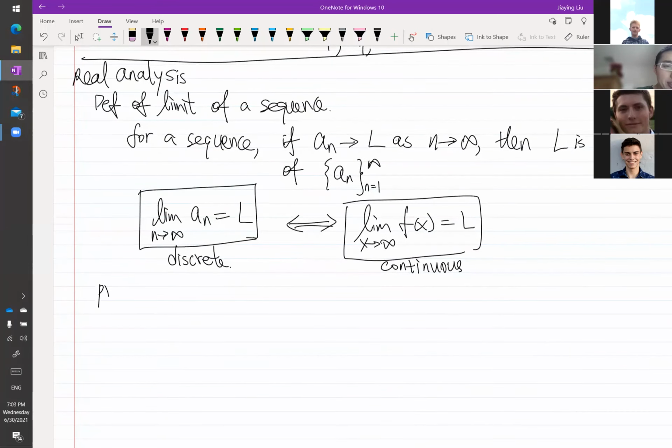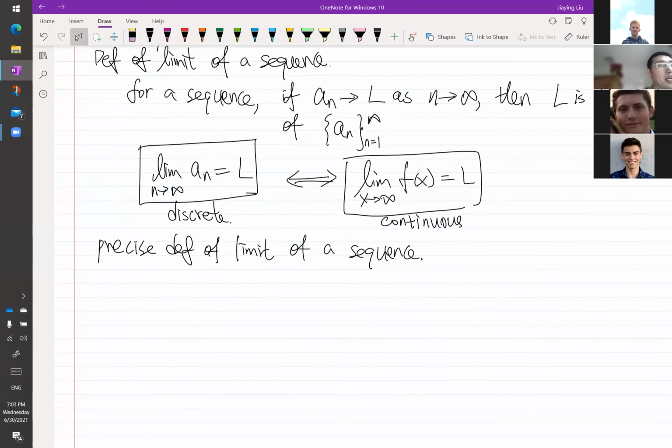All right, a precise definition of the limit of a sequence. Here's where it gets confusing if you're not familiar with the language. So I'm going to use a few abbreviations.